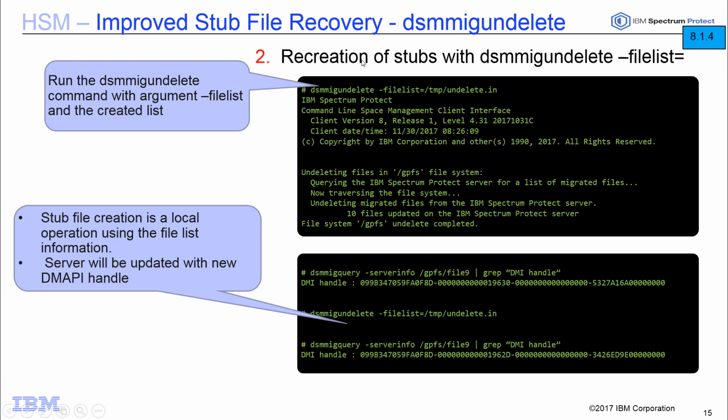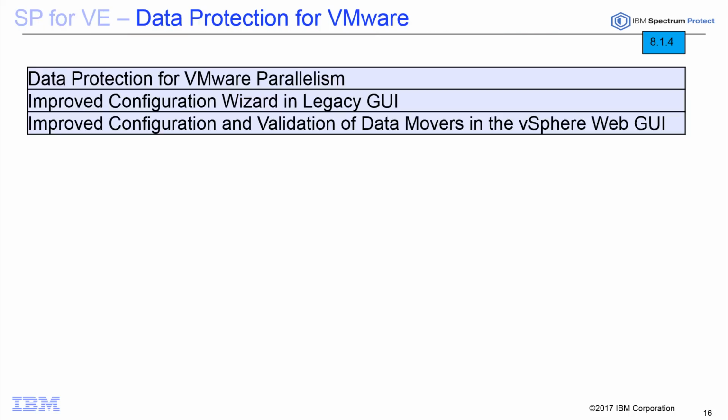On slide 15, we showed the steps for actually recreating the stub files using this new -filelist option. The summary of this is that by utilizing these new features, you can more rapidly recreate those stub files if you did lose your file system.